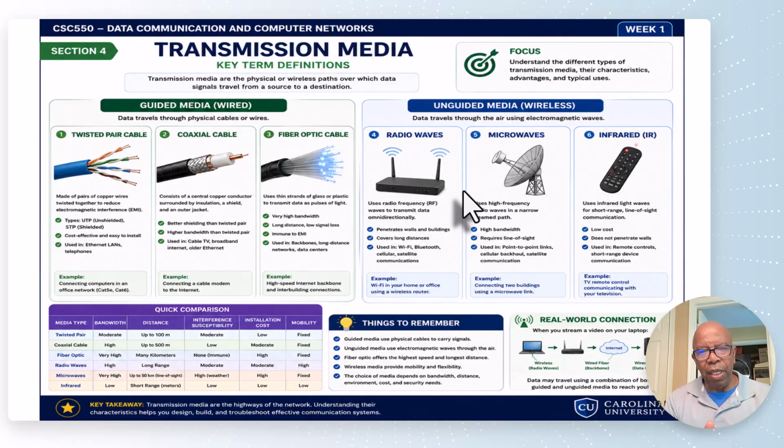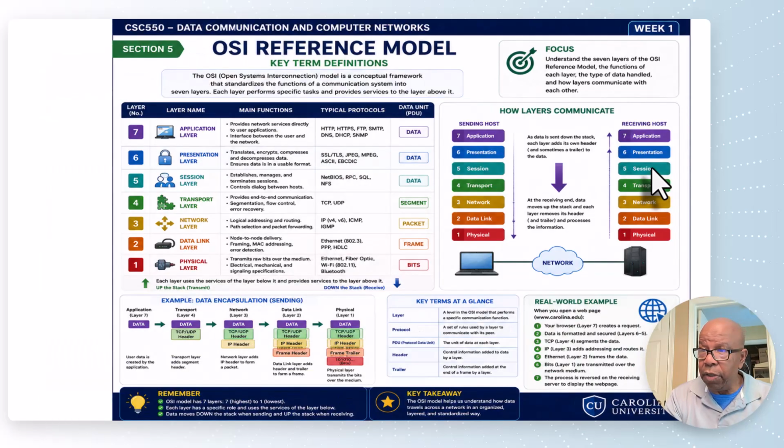So you can't assume that the same medium is going to be used all the way from the sender to the receiver. In fact, there's probably 0% chance that the full path you're going to be using is going to be one medium. So you're going to have to be aware of the various types of physical medium that you may have to be transmitting across in order to get your information from sender to receiver.